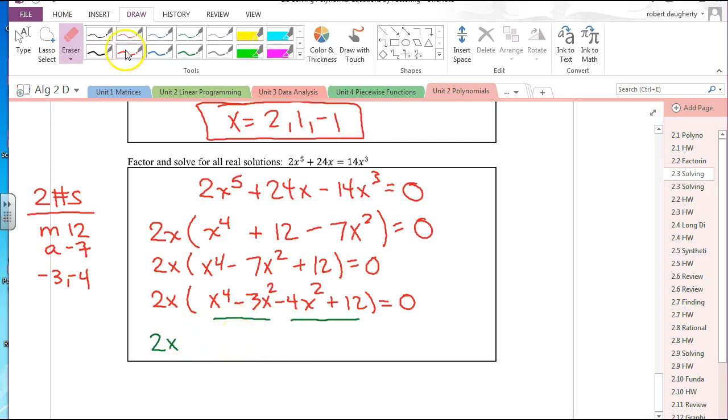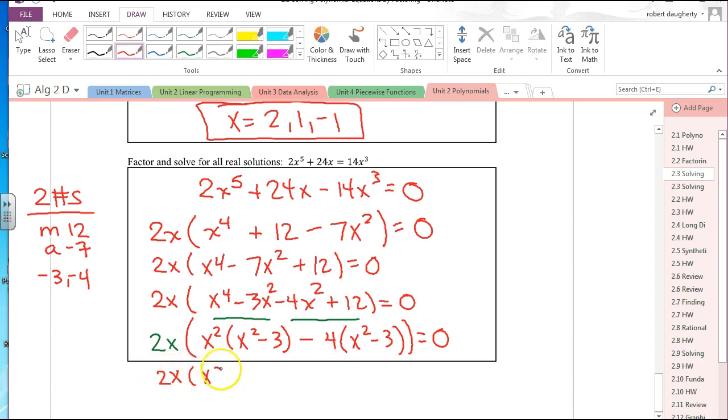Factoring, I'm left with x squared minus 3, and then minus 4 times x squared minus 3. So all of that equals 0. Now I've got 2x times x squared minus 4 times x squared minus 3 equals 0.